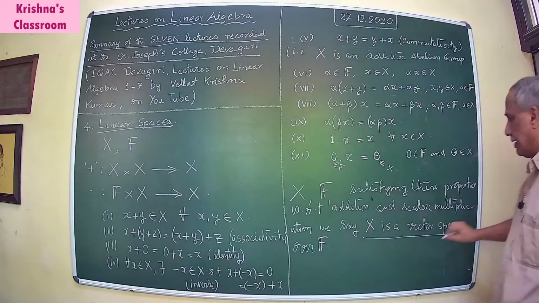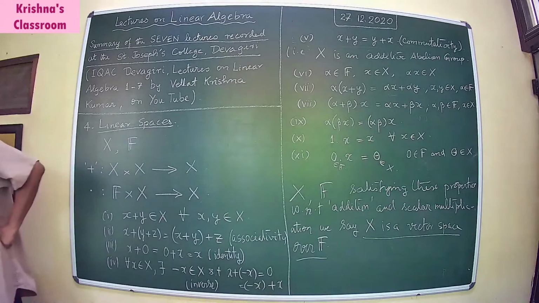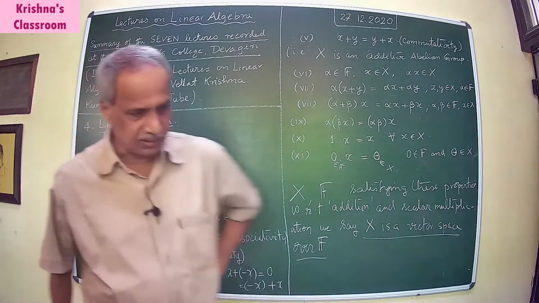So usually whenever you have a vector space, there is the associated field. The field plays a very important role.